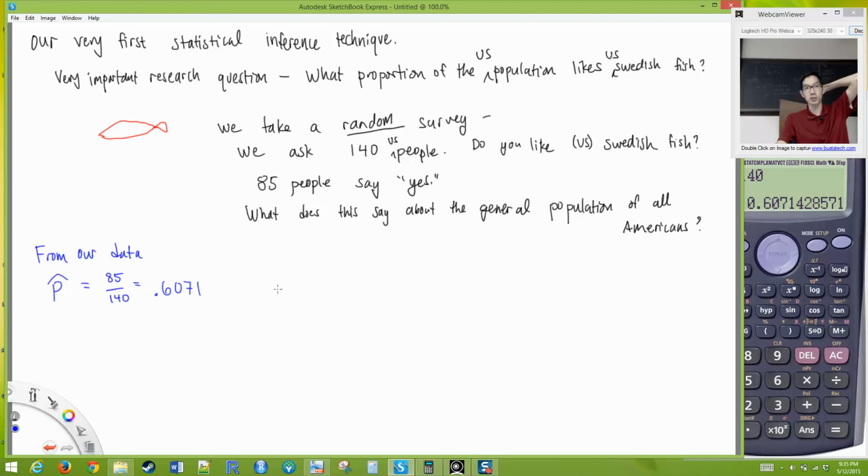Does that mean that 60.71% of our sample like Swedish fish, and 60.71% of all Americans like Swedish fish? No, not necessarily, right? Because when we took this random sample, because it's random, we might have selected more people that like Swedish fish, or fewer, or just about the right number.